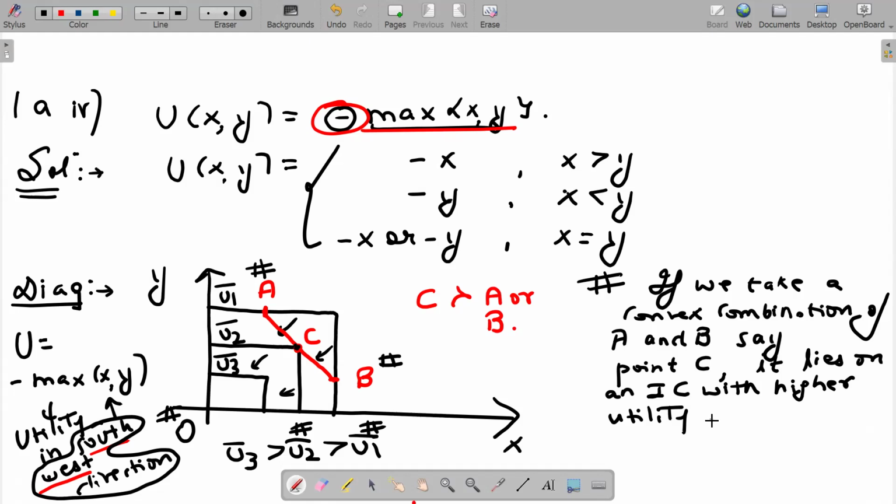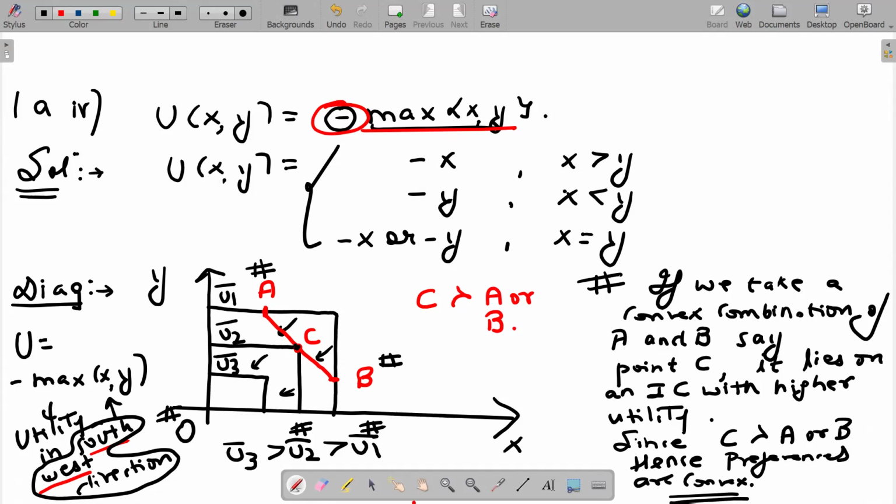So I can say that since the convex combination is preferred over the extreme bundles, hence preferences are convex. Remember, by definition of convex preferences, averages should always be preferred to extremes, or the weighted average of the two extreme bundles.